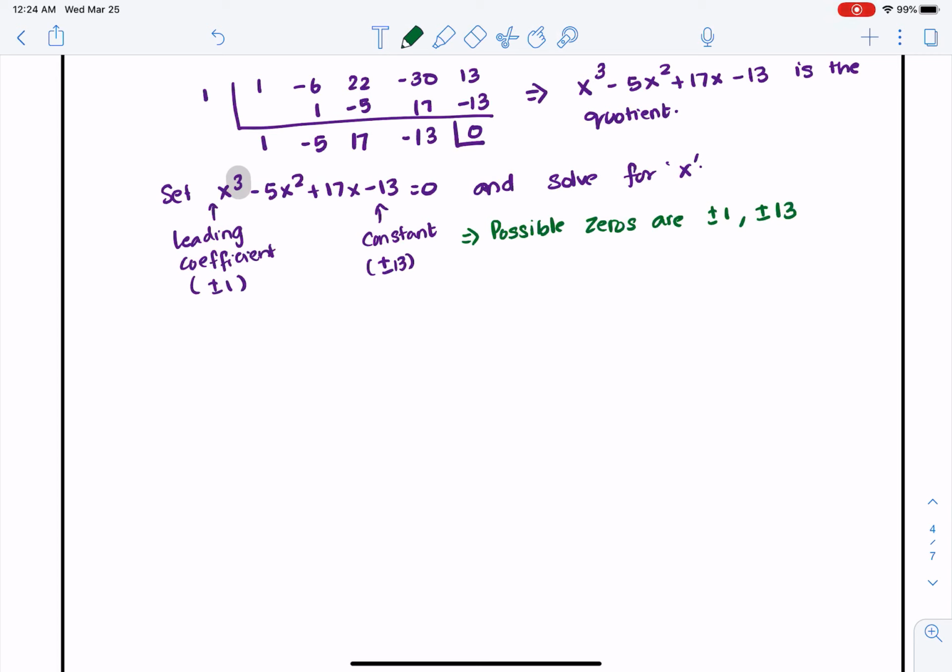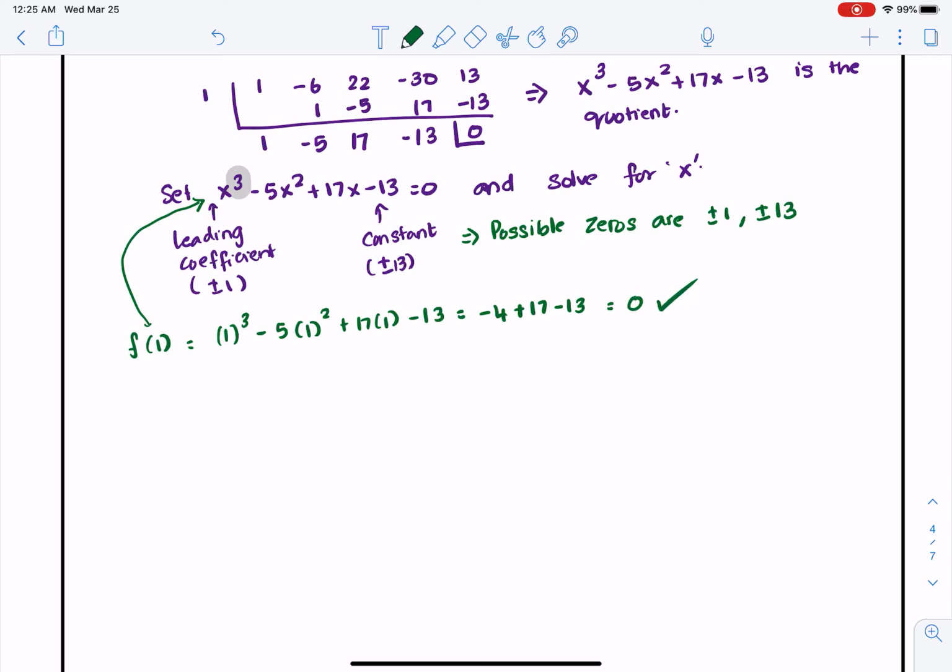Let us start simple again. So let's start with f of 1. Mind you, this time we are going to plug the value 1 in that function right there, because we've moved on from the original polynomial to the reduced one. So when we plug in 1, we have 1 cubed minus 5 times 1 squared plus 17 times 1 minus 13. 1 minus 5 is minus 4 plus 17 minus 13, which is 13 minus 13, we get 0.